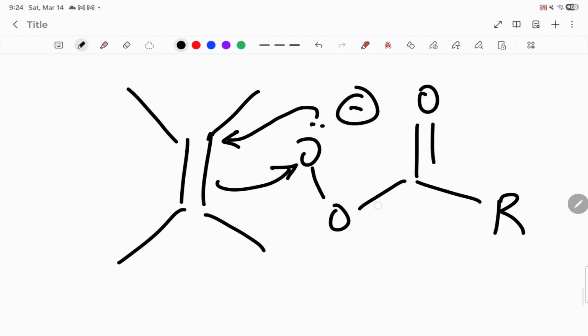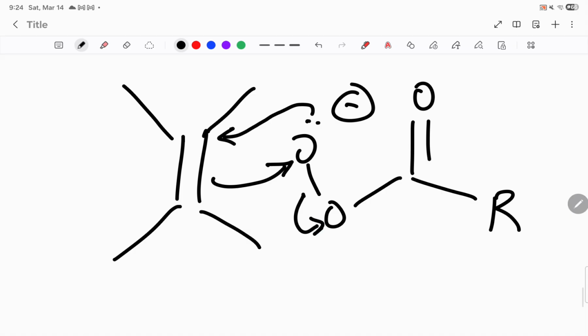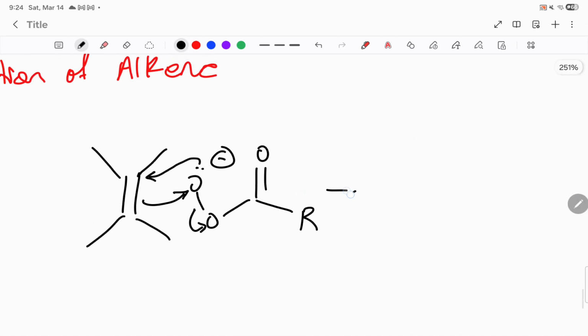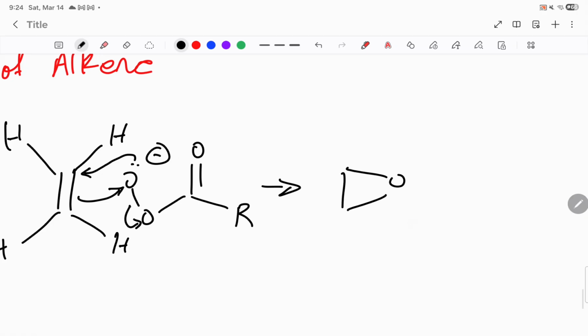But at the same time, this bond will break and come here. Okay. And that forms our nice little epoxide. Mind you, these are all hydrogens, by the way. And that forms our epoxide.